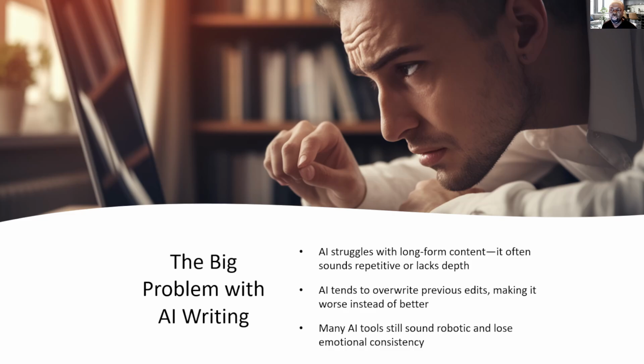Okay, so we start with a big problem with AI writing. Usually when we're writing with AI, a number of things start to go wrong. First of all, you'll notice there's a lot of repeated words. One thing that used to really get on my nerves is AI would start the sentences with the exact same words.